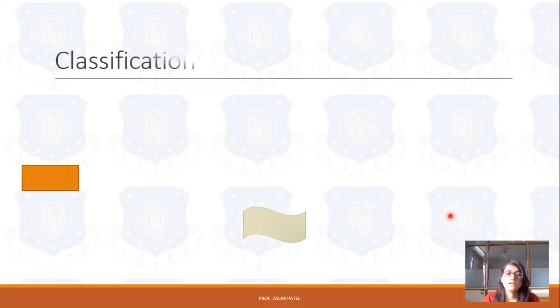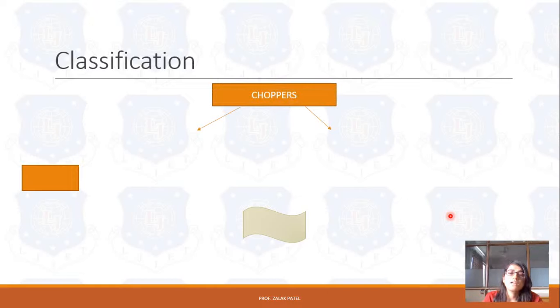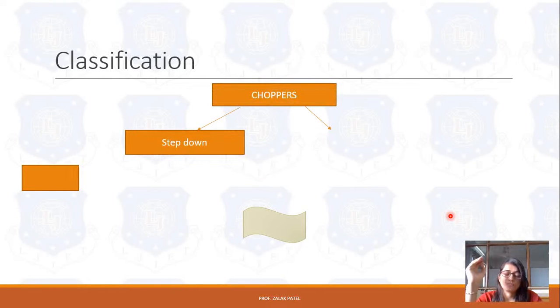Now moving towards the next topic, that is classification of choppers. Choppers are mainly classified into two different categories. As we said, this type of category can be used in a transformer in step down and step up. So in case of chopper also, it is divided into two basic categories, that are step down and step up choppers.